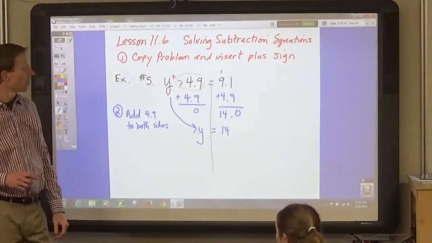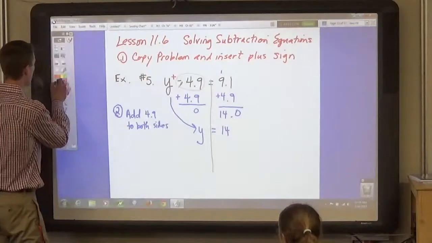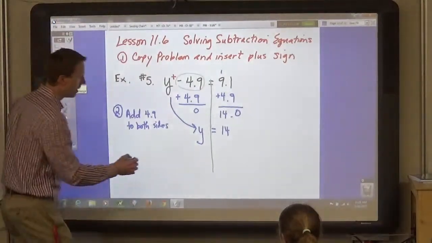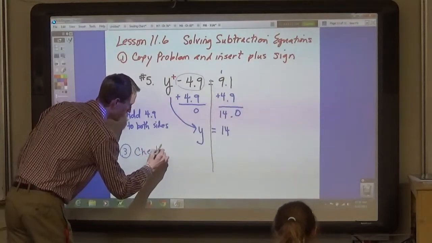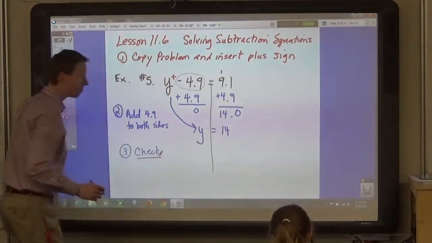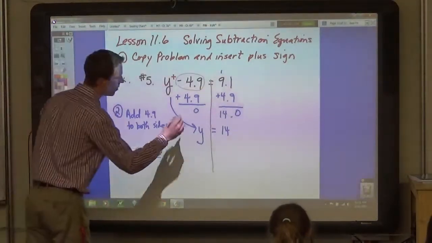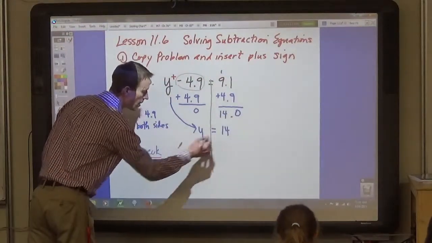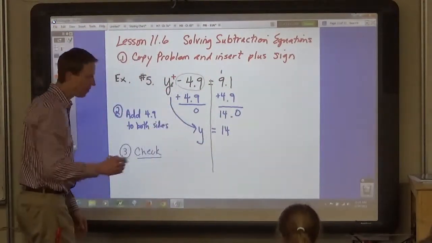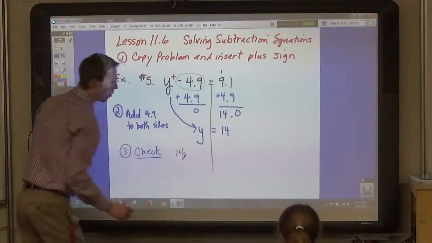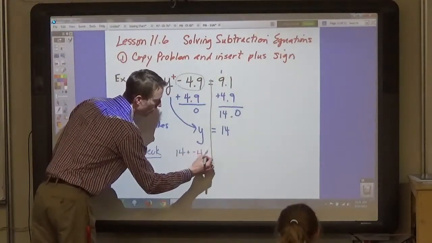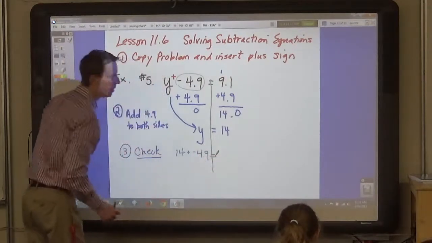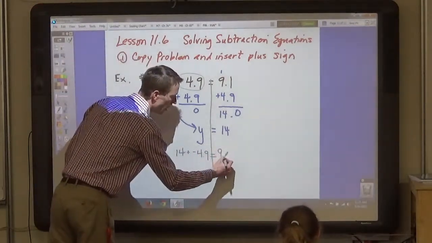Now, one of the things you're going to have to do for this lesson is check your solution. In order to check the solution, you have to insert the solution in place of the variable. 14 plus negative 4.9 is equal to 9.1.